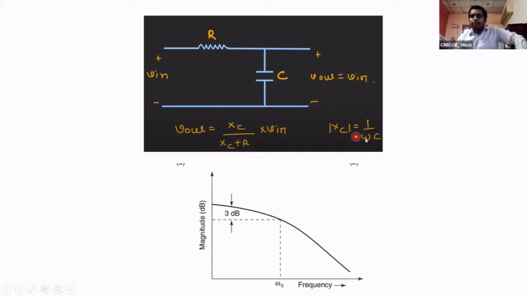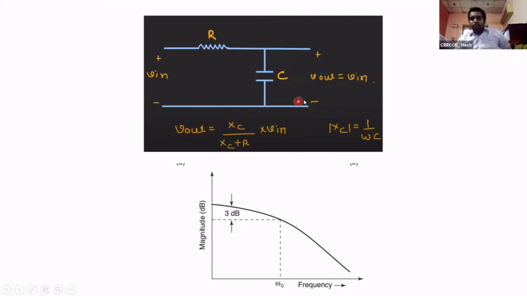Suppose the frequency is infinity, then 1 by infinity is 0, XC is 0 and V out is 0. Means for high frequencies the output voltage is reduced. For high frequencies the reactance is low, and because of low reactance, the output voltage will be reduced.